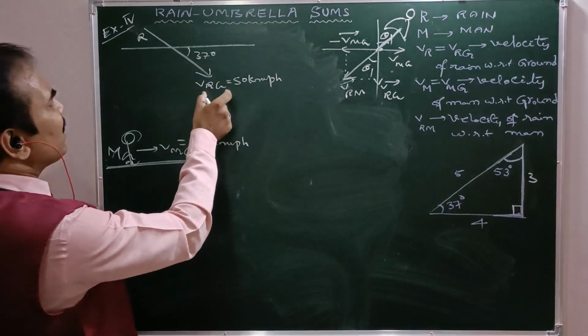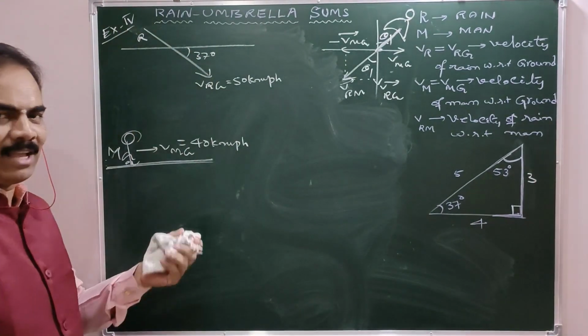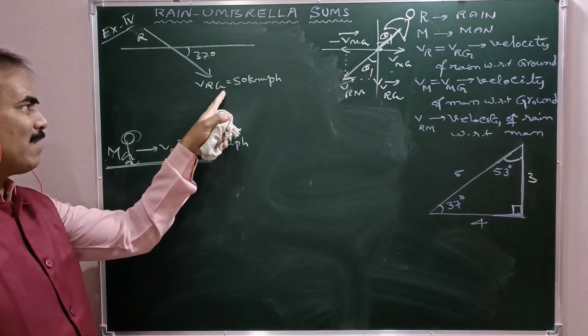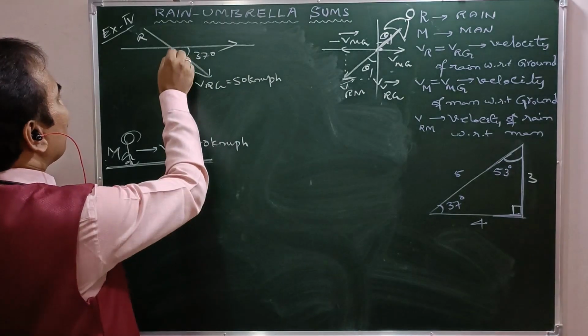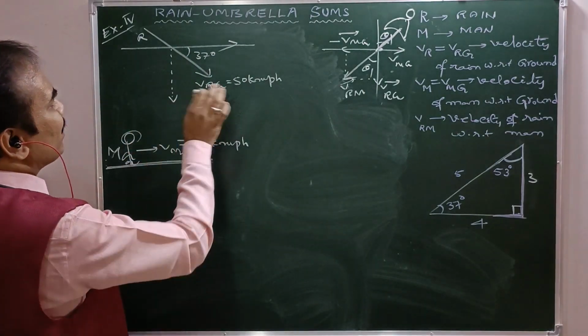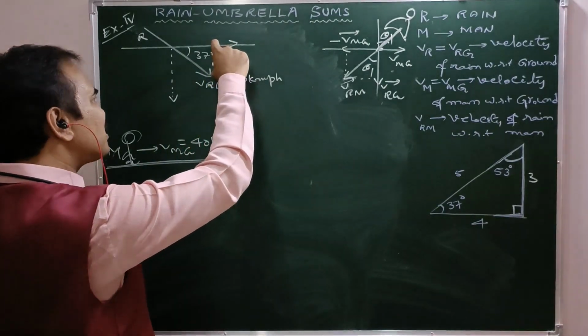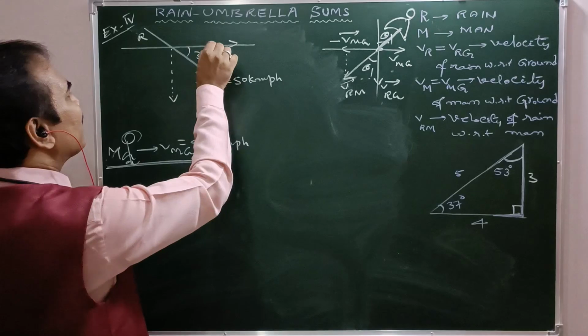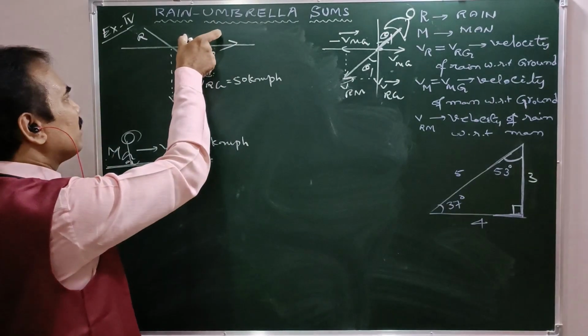See here, as velocity of rain with respect to ground makes some angle with horizontal, it can be split up into two components, along horizontal and along vertical, right? So what is the component here? This must be the opposite side. This is the adjacent side. This is opposite. This is adjacent.